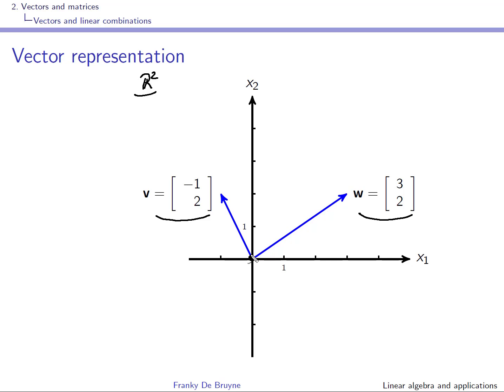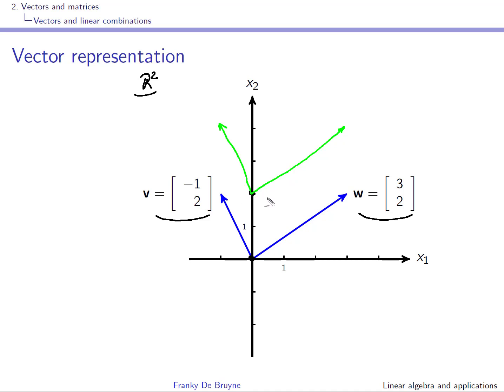Okay, but vectors are not located at a specific place, so we could, for instance, locate these vectors at another spot, for instance over here, and then you obtain two equivalent vectors that are located at this given spot.